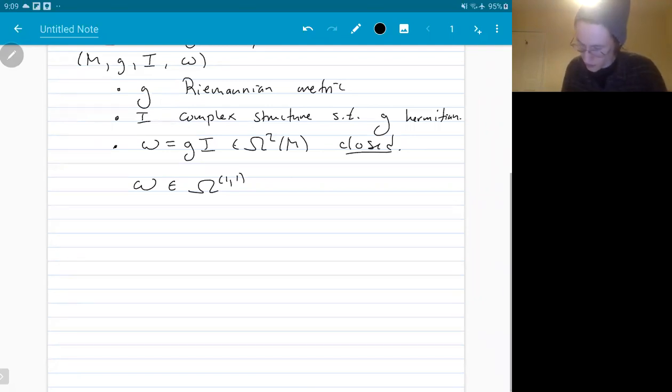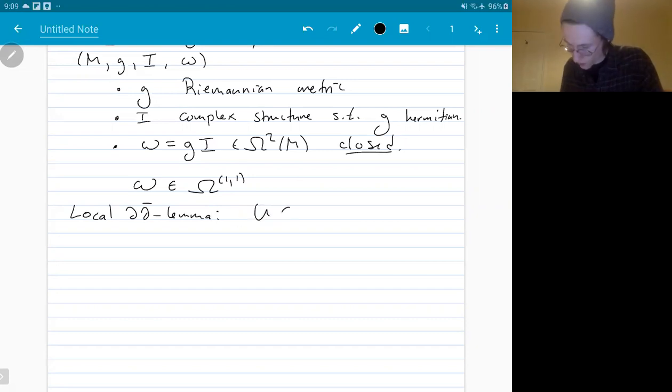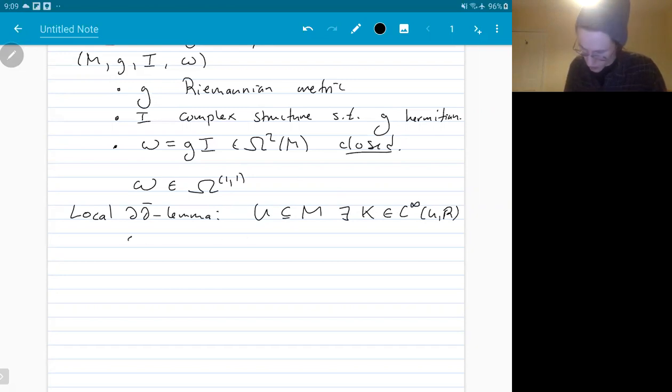So what this implies, by the local dd-bar lemma, is that on a small open set, there exists a smooth real function K such that on this open set, the Kähler form is i dd-bar K. So this function here is called the Kähler potential.